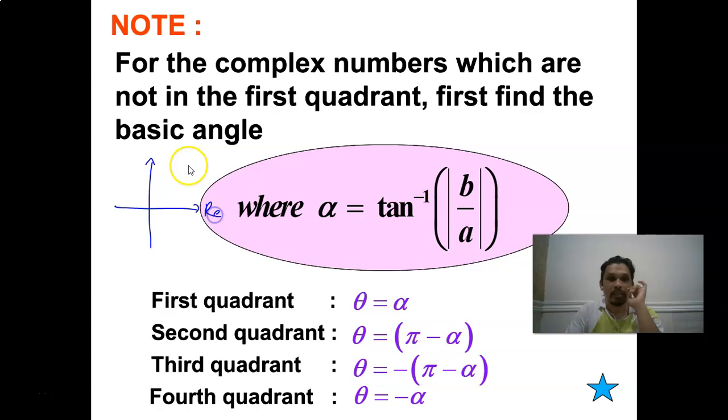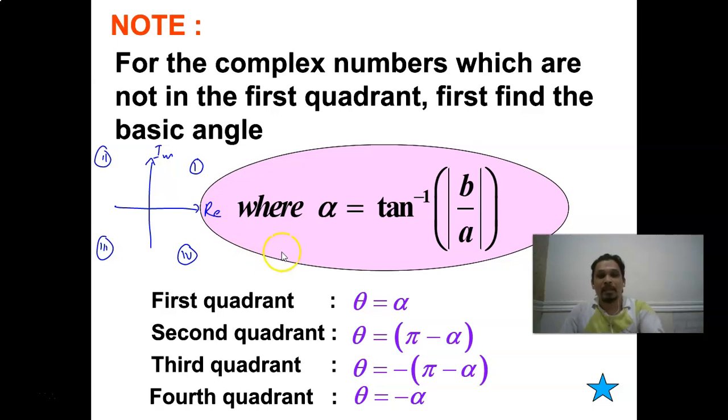Real part and imaginary part. The first quadrant here, second quadrant, third quadrant, and fourth quadrant. So the first quadrant is alpha itself. Second quadrant is pi minus alpha. Third quadrant is negative pi plus alpha, and the fourth quadrant here is negative alpha.